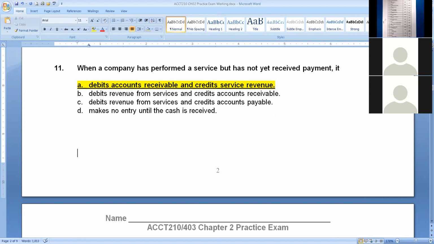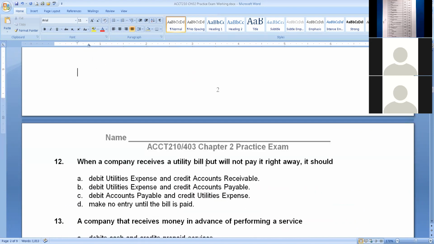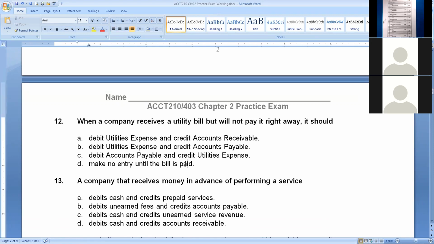Okay, I gotta move down here. When a company receives a utility bill, but it will not pay it right away, it should. Okay, expenses are always debits.